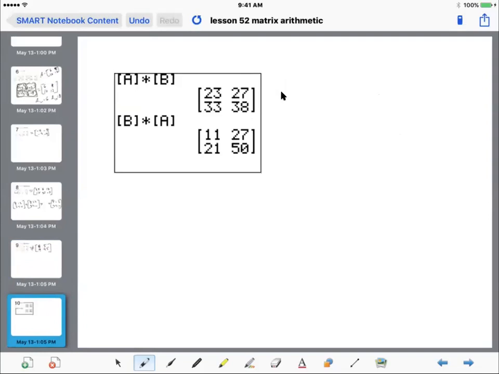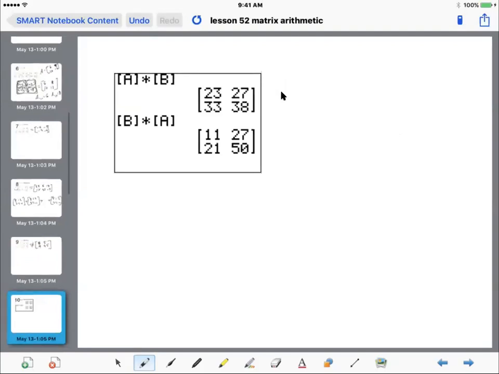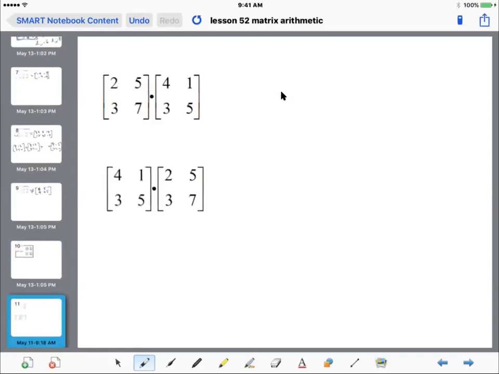And then I'll explain to you at the end where it comes from, because we want to know what it is, and we want to know why it works. But I think by first showing you what it is, it will be easier to understand why it works, or if you get confused by why it works, you might not know how to do it. So let me teach you how that happens. So the question was 2, 5, 3, 7 times 4, 1, 3, 5.